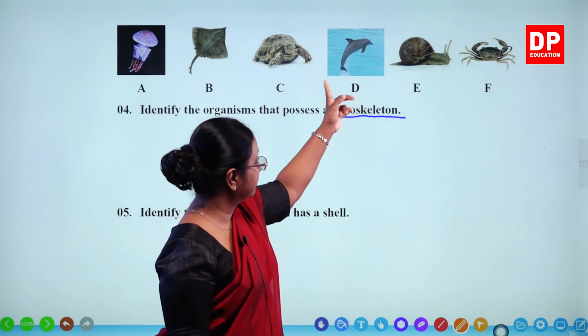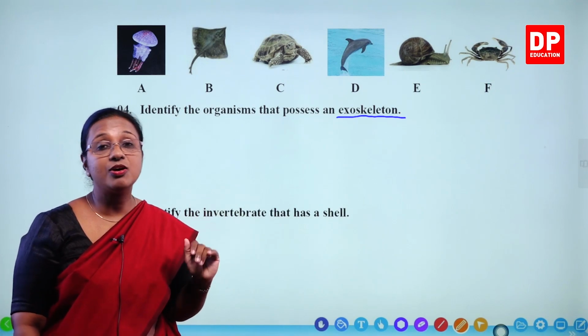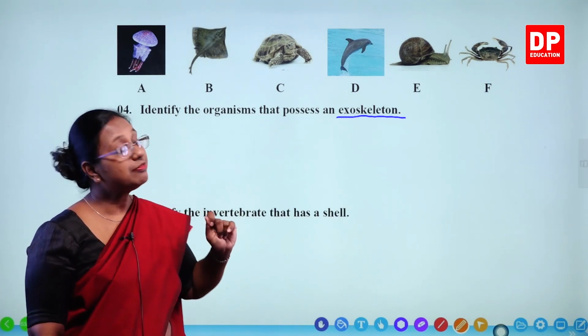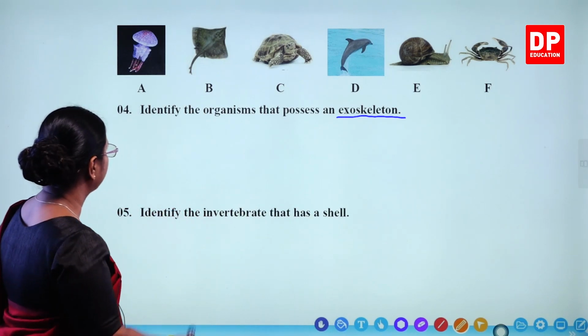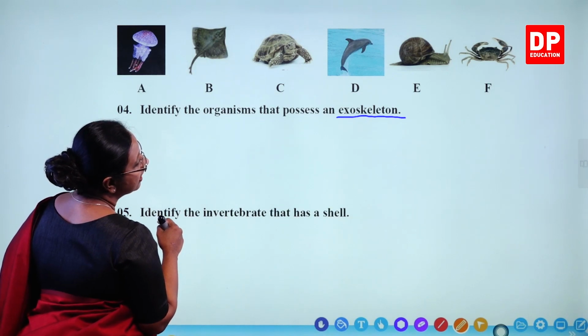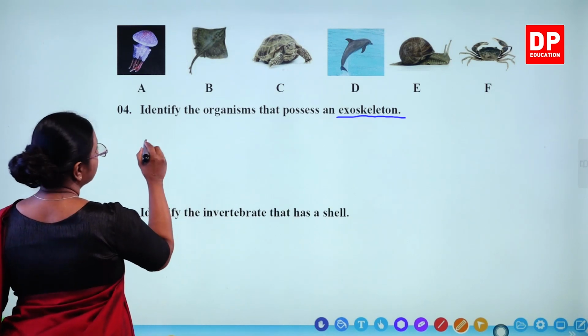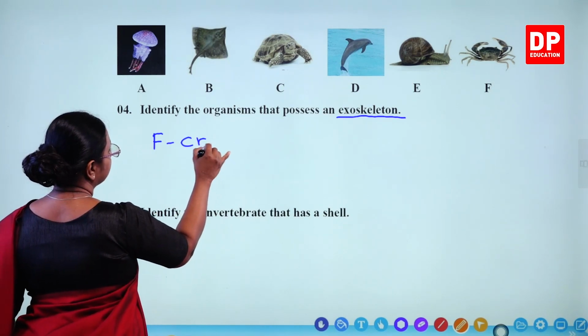D doesn't have, it's a vertebral column. E also has a shell. But F has an exoskeleton, that is crab. So that will be F, that is crab.